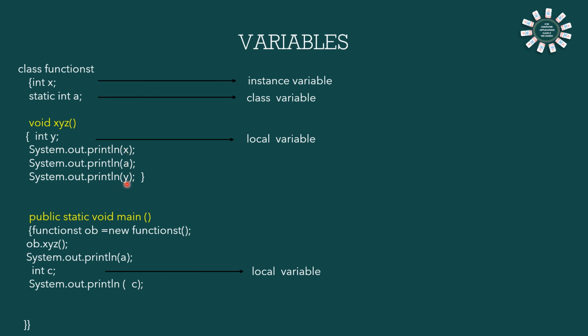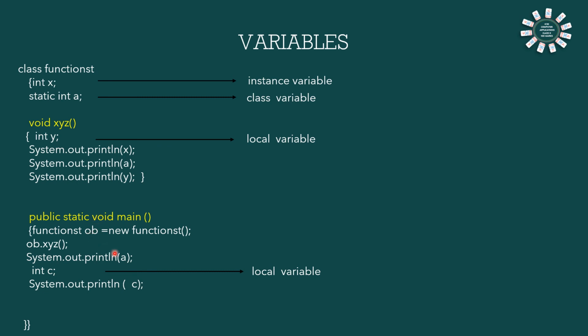But when you try to print y, it is a local variable. In a local variable, default values will not be assigned. We have to initialize the variable before printing. So if you try to print the local variable without giving a value, it will show the error. And same in the main program. Here if you try to print the value of a, it is a static variable we can access through the static function.